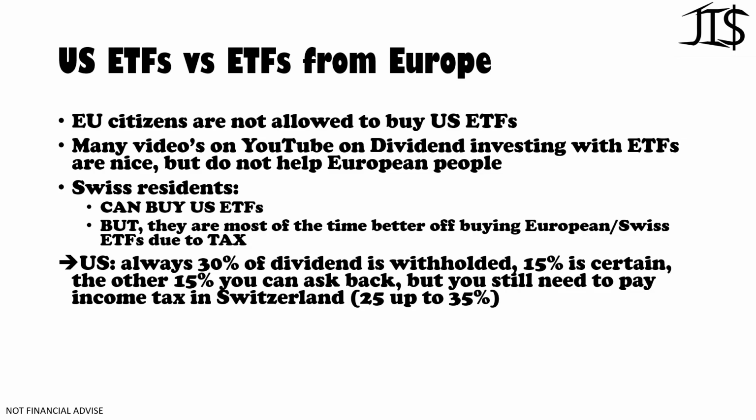But it's just the same thing. So always you declare it and then you receive it back and you only pay the tax percentages that count towards your whole income. And that's 25 up to 35% more or less. So it can depend.